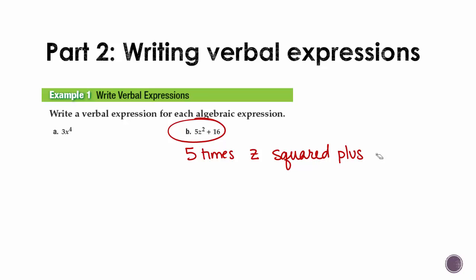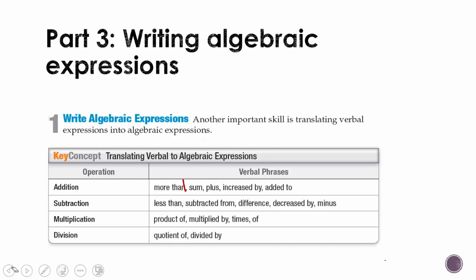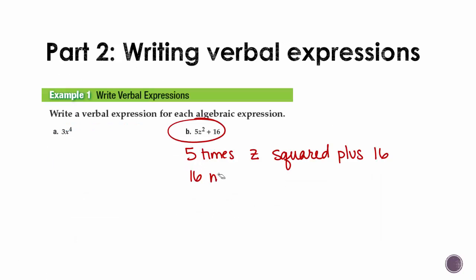plus 16. Now, in a book or something that I give you on a test or a quiz, I might say something like 16 more than the product of 5 and z to the 2nd power.